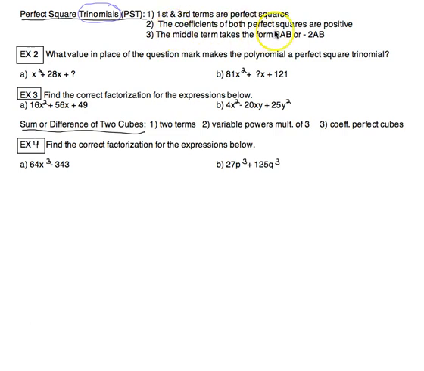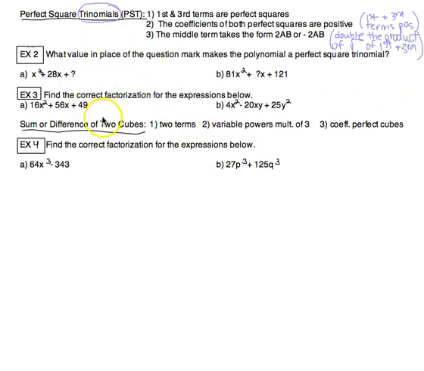The coefficients of both perfect squares have to be positive, so that means my first and third terms are positive. The middle term has to take the form 2ab or negative 2ab. What that means is that it's double, because that's what multiplying by 2 does, double the product of the square roots of the first and third terms.